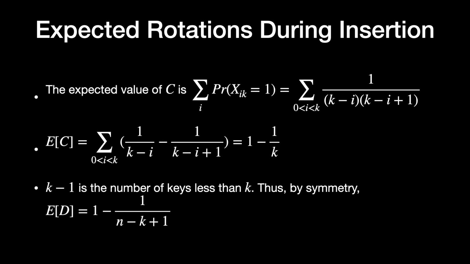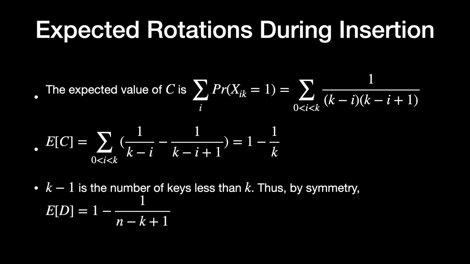Next, we calculate the expected value of c, which is the length of the right spine of the left subtree of x. By the way, x has the key k. This is equal to the summation of the probability of x_ik being 1 for all values of i.